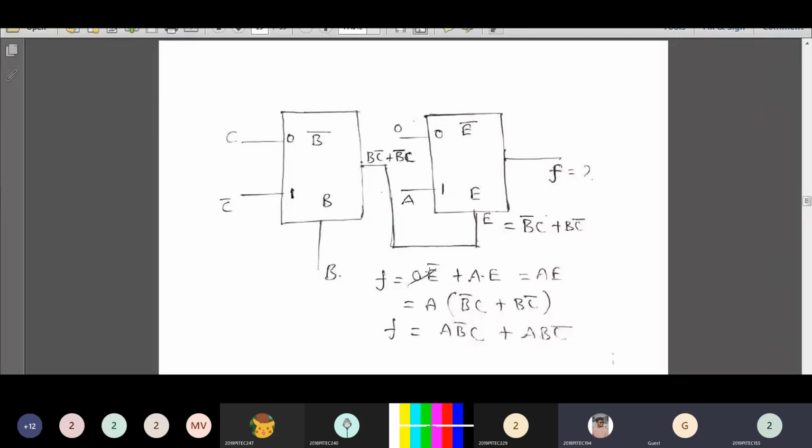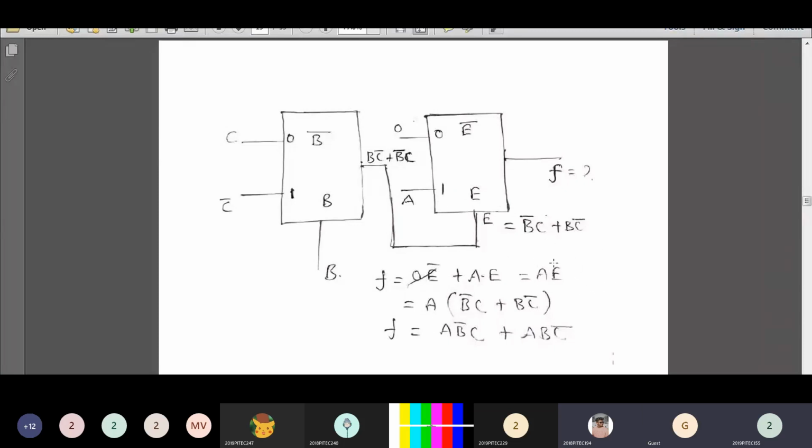That is written here: F is equal to 0 into E complement plus you will be having another function, that is E A. Now the I1 value is A, that should be multiplied with E. So 0 into E complement will become 0, so you'll be having A E only.